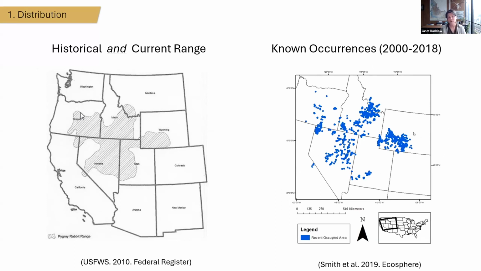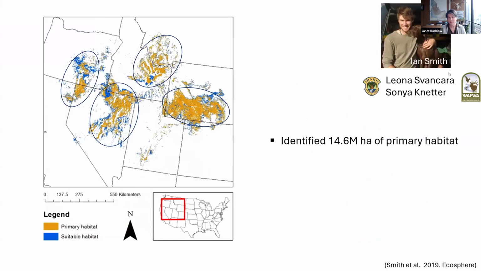We used that information to create a species distribution model. That work was done by one of my graduate students, Ian Smith, and also collaborators, Leona Swansara and Sonia Knedder. At that time, both of them were with Idaho Department of Fish and Game. And this map shows the outcome of that modeling effort.